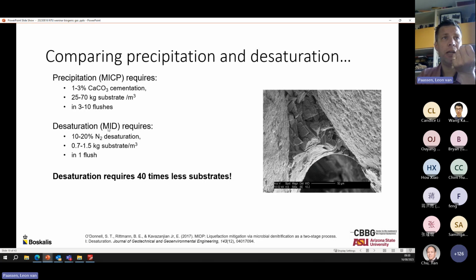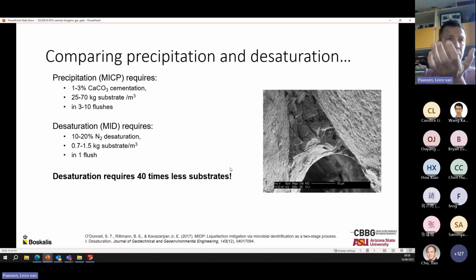Whereas with desaturation, you only need 10 to 20% nitrogen gas to be formed, which requires a lot less substrate per cubic meter of treated soil, and everything can be injected in a single flush. If you calculate the difference, it's about 40 times less substrate required to desaturate the soil than to precipitate sufficient carbonate.